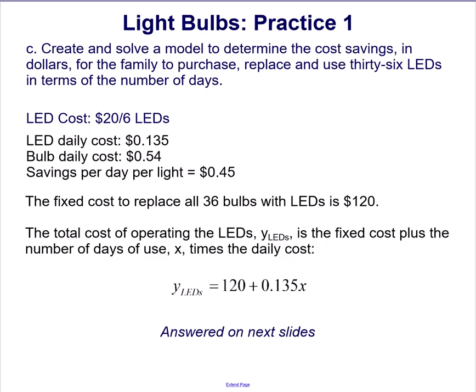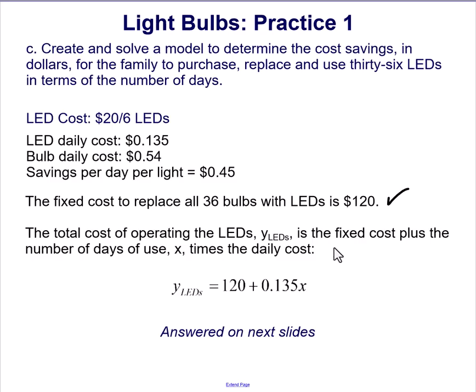So continuing on, we have just calculated that the fixed cost to replace all 36 bulbs with LEDs is $120. The total cost of operating the LEDs, we're going to abbreviate with Y with a subscript of LEDs. That is the fixed cost.